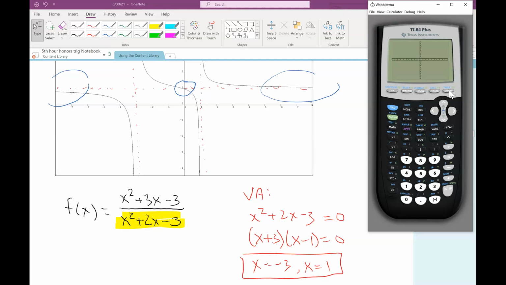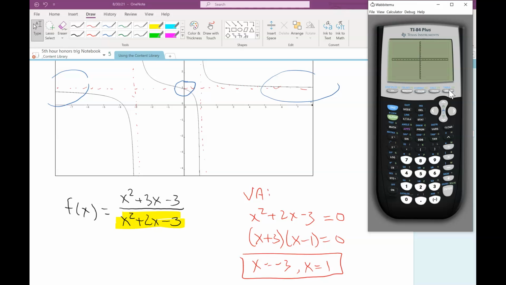So I get this boring looking thing that looks like a straight line. Now I know it's not actually a straight line, but because of how far I'm zoomed out on the x, it's just going to appear to be a straight line. What I'm going to do is check to make sure that the asymptotic behavior that it appears to have, the graph looking like a straight line, I can observe on the left side and the right side.